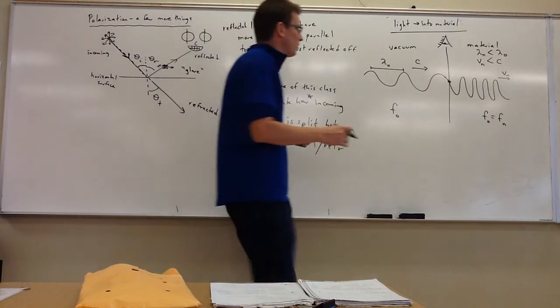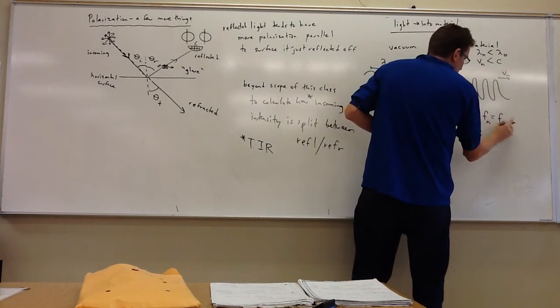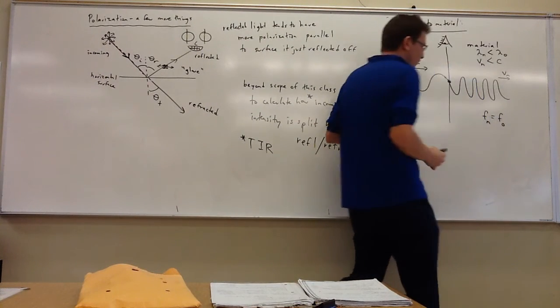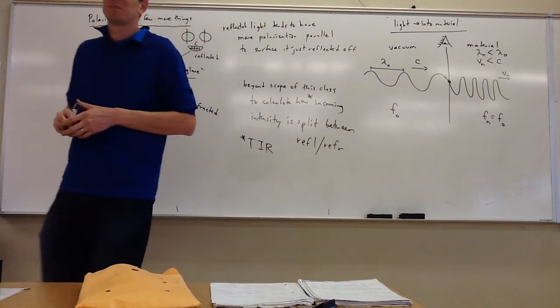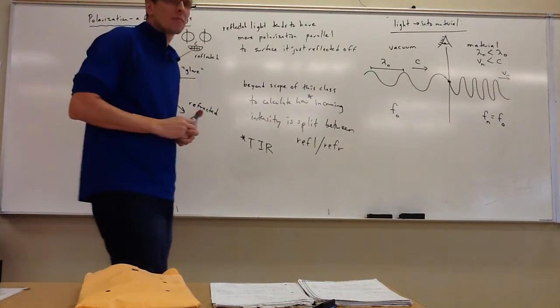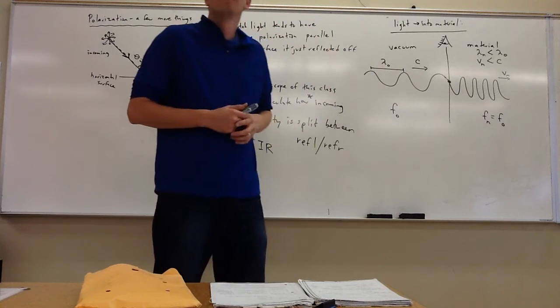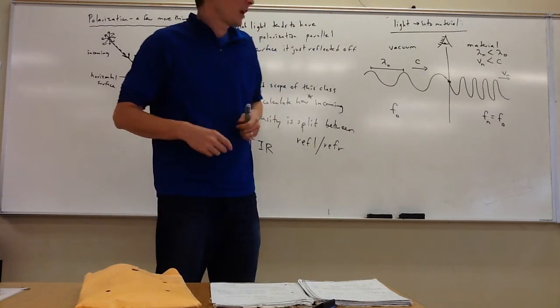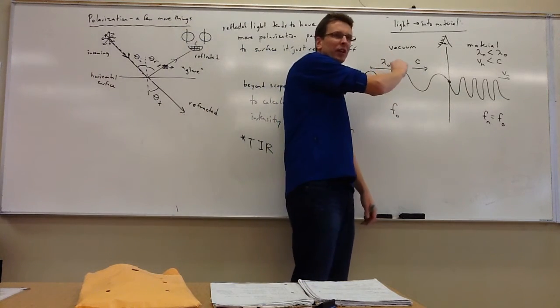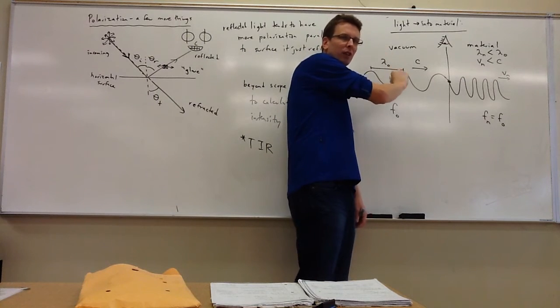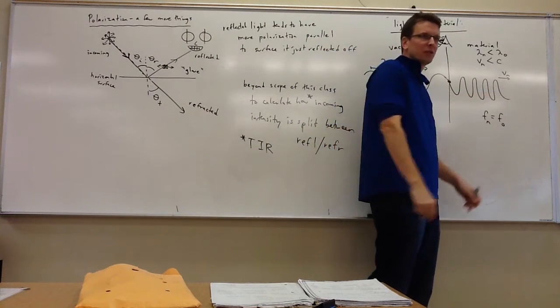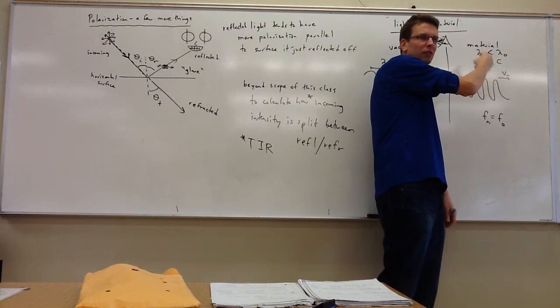So the frequency in the material is the same as in a vacuum. If you counted crests on the vacuum side, you get crest, crest, crest, crest. If you count them over here in the material, you get the same.